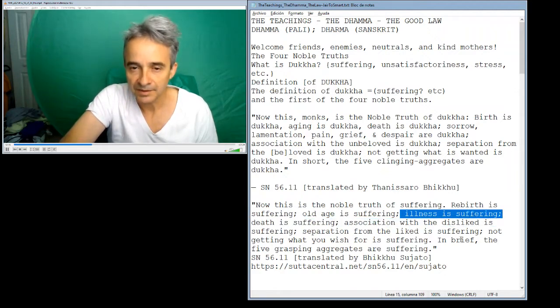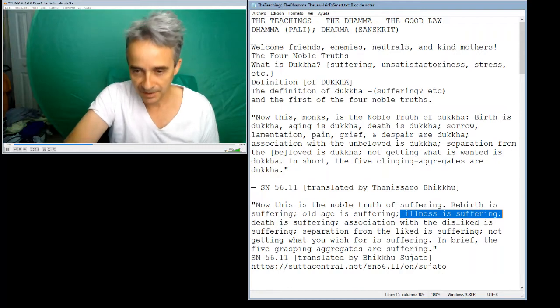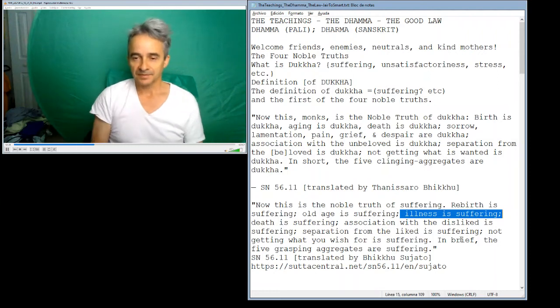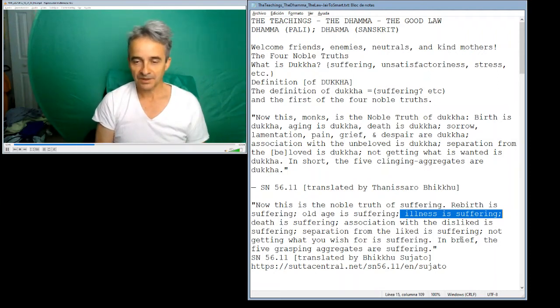That's interesting. What other things are different? Oh, we could go on forever finding differences. Like the first one says aging is dukkha, but the second one says old age is suffering. So what's the difference between aging and old age?